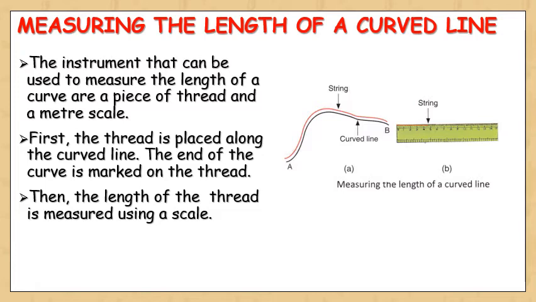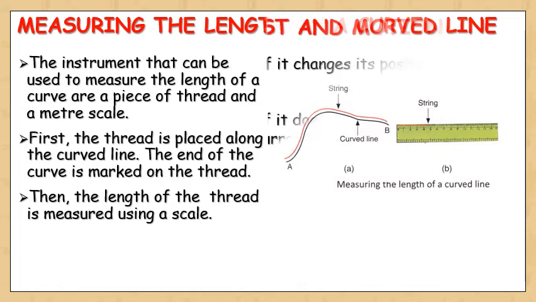Then curve the thread along the line and mark the point on the thread which overlaps the other end of the curved line. Then take the thread and measure its length using a scale. Like this, you will get the length of a curved line.